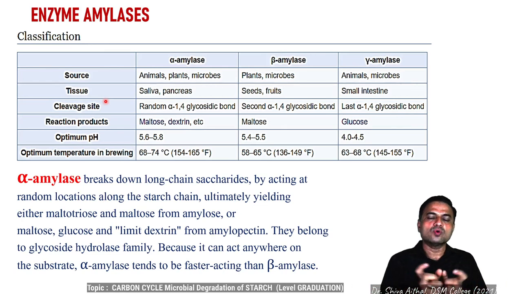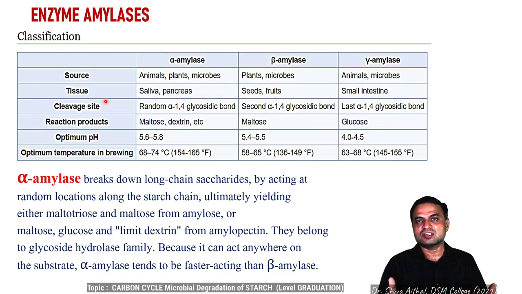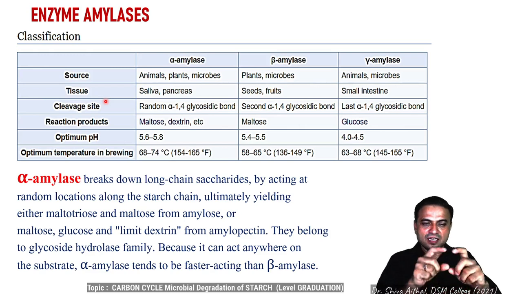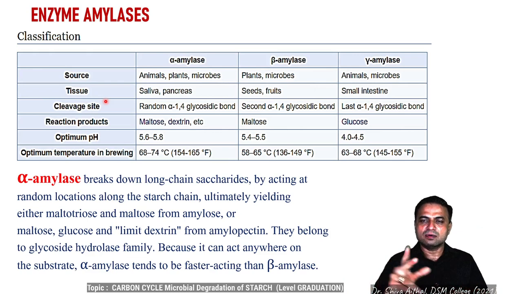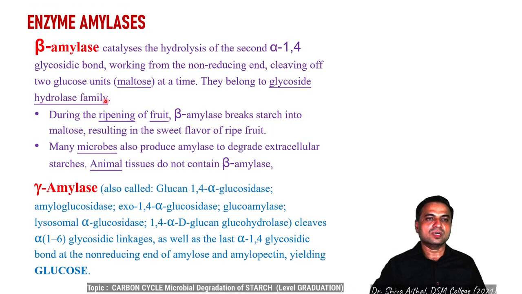Depending upon how many glucose units are there, they are called maltotriose, maltose, maltodextrins, limit dextrins, etc. So these depend on how many glucose molecules there are and in what fashion. There is 1,4 and 1,6. You just take a picture and randomly cut it; whatever you get in your hands will be called these sugar molecules. As it can act anywhere on the substrate, the action of alpha amylase is faster than the remaining two enzymes.